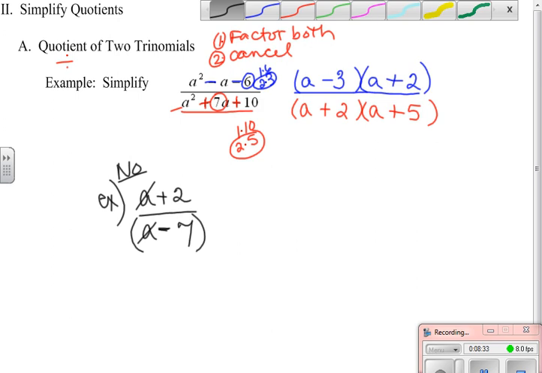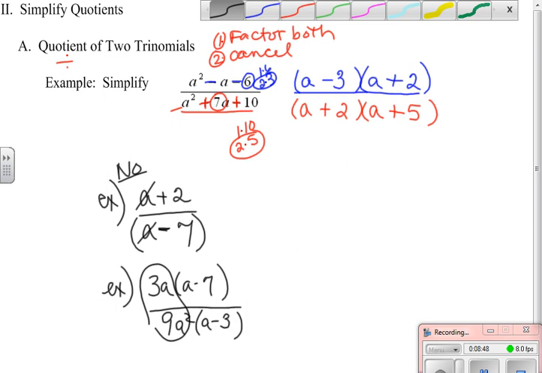But if I have a single number that's the same, for example, if I have 3a times a minus 7 all over 9a squared times a minus 3, this right here can be canceled because it's actually part of a multiplication problem, and I can cancel away.